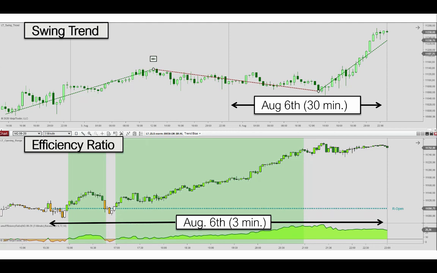But I think more important than just using different time frames is that you're looking at two completely different approaches for trend analysis. One is based on the price action or the market structure, so the higher highs and the higher lows and the lower highs and the lower lows. And this other one here, the classic price calculation comparing momentum with volatility.